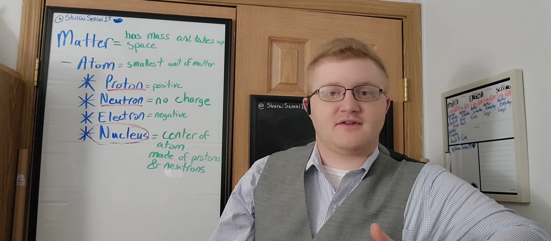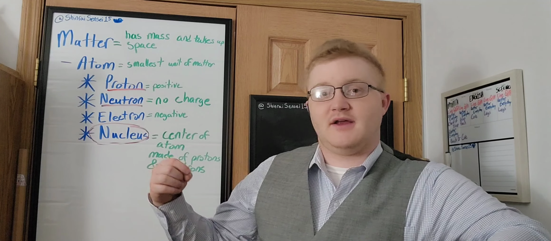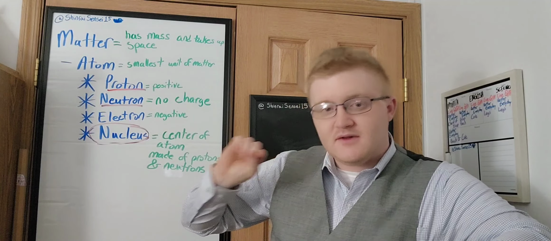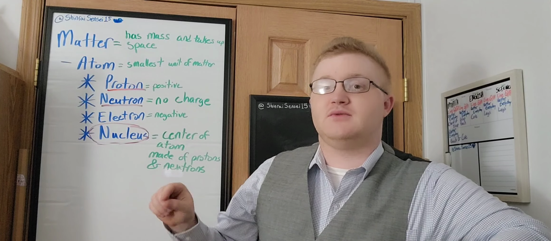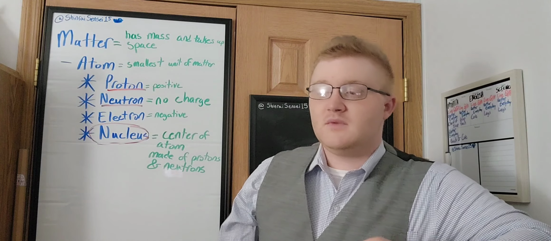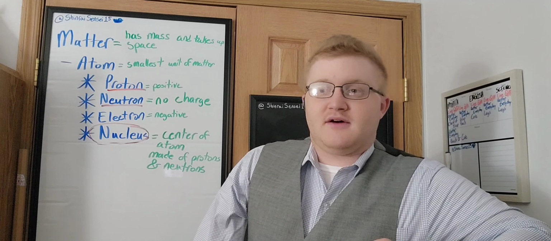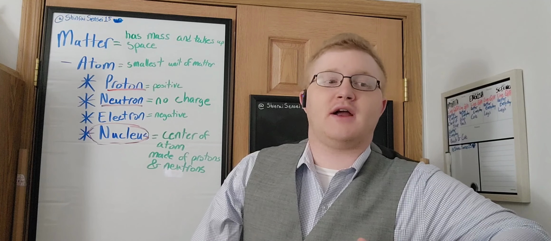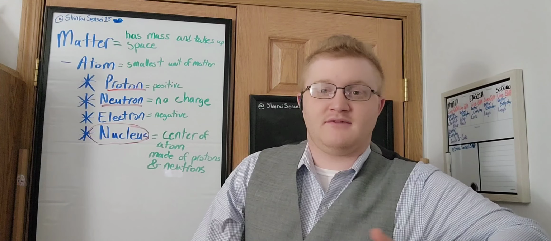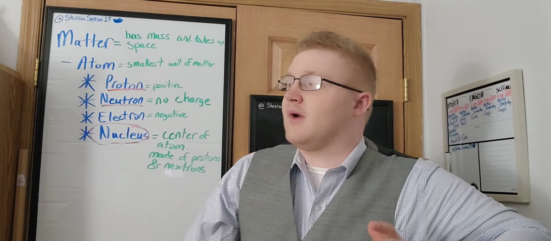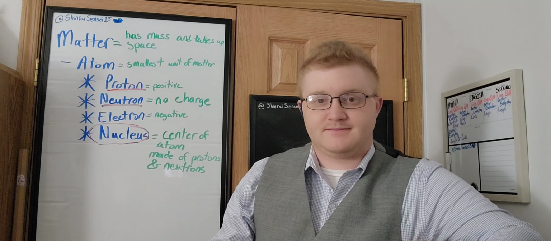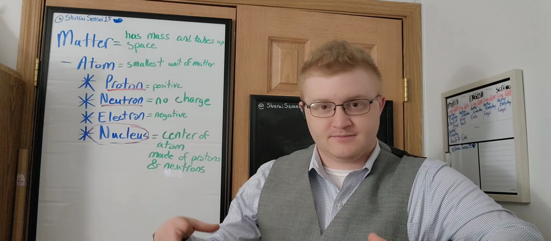I don't know the exact decimal off the top of my head, but it's a 1 and a decimal, right? And that really, really small decimal that follows that 1 is the value of what the electron brings to the atomic weight. So electrons represent a fraction of a percent of the atomic weight of an atom, whereas the proton and the neutron make up the vast majority of the atomic weight whenever they're present in an atom.